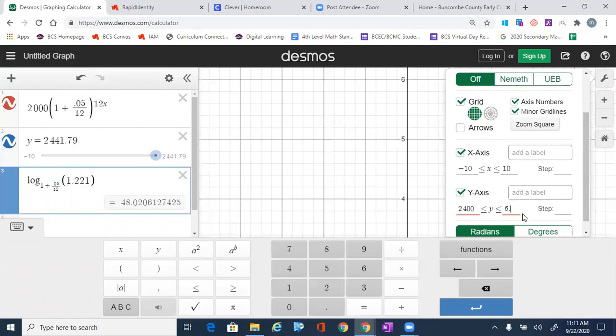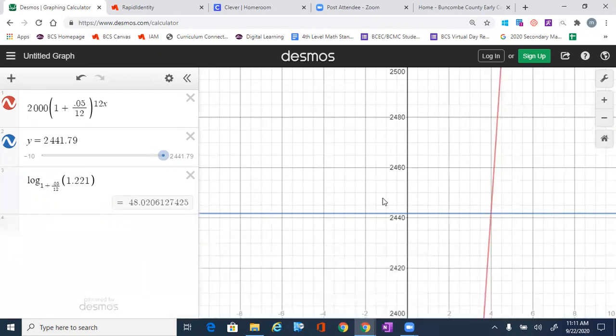That's a great range to show this. And if we find the intersection of the compound interest formula, which is in red, and the value of 2,441, it'll tell us, hey, it took us 4 years to get there. And that's that.